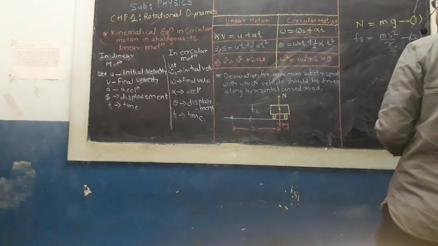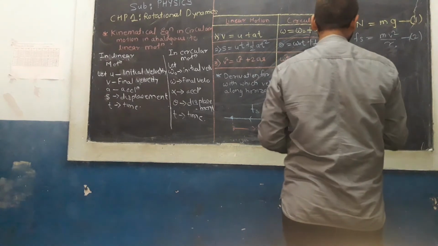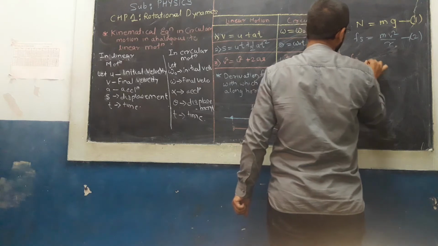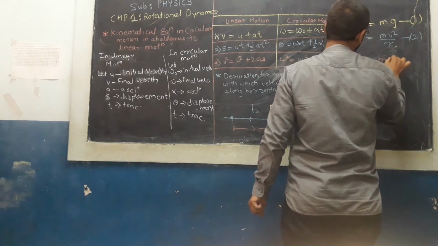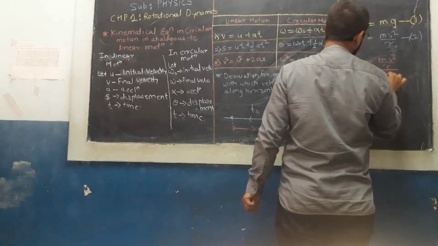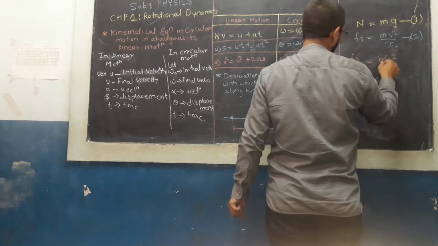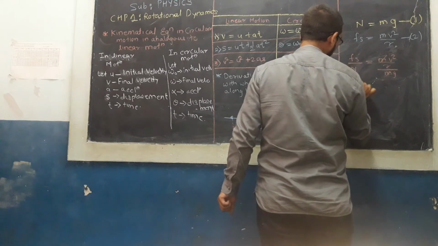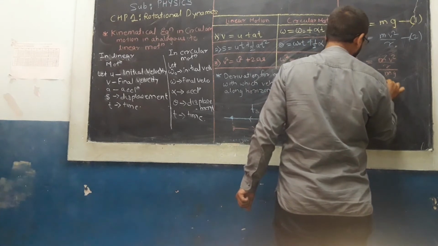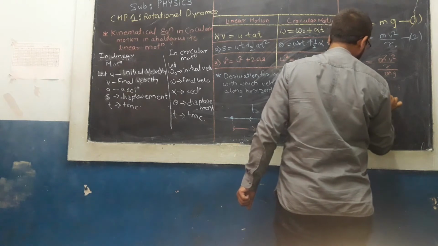Now, if we divide equation 2 by 1, what do we get? Fs upon N is equal to mv square upon r divided by mg. So m gets cancelled, and we get Fs upon N is equal to v square upon rg.